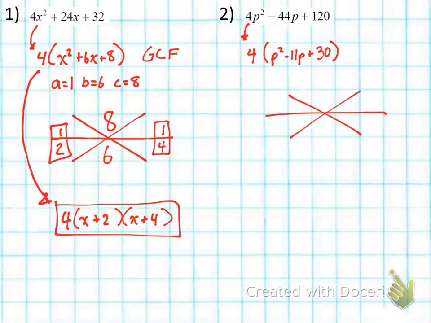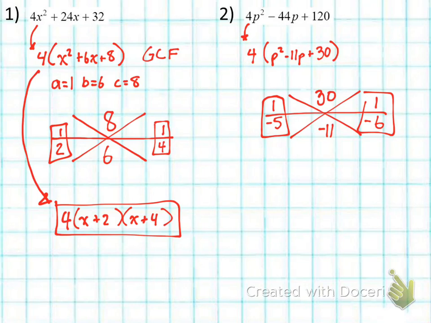So we got 1 and 1. A times C is 30, and B is negative 11. I'm asking myself, what times what is 30 but equals negative 11? So it's going to be negative 5 times negative 6. Okay, so I got 2 separate factors. I'm going to check my Xbox to make sure that I can't simplify.